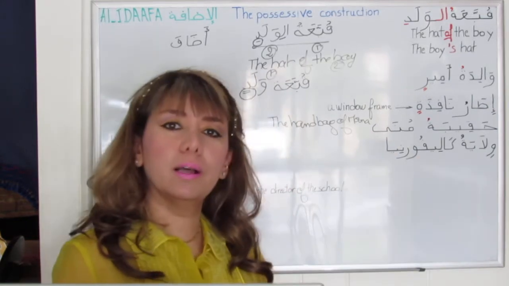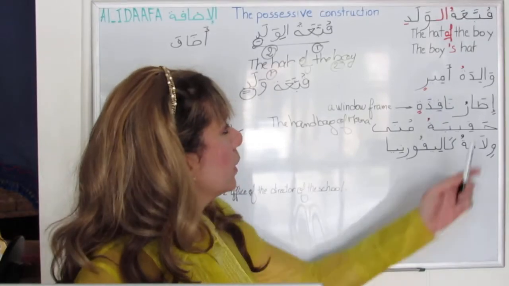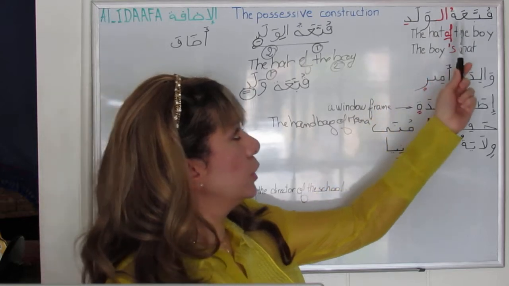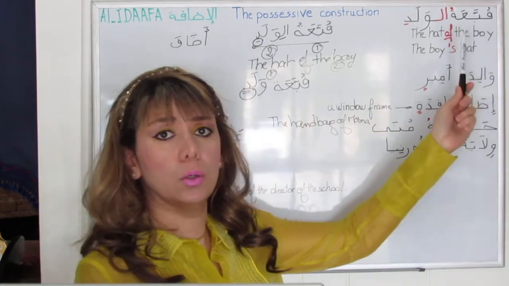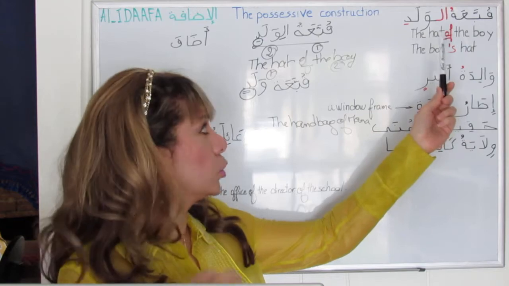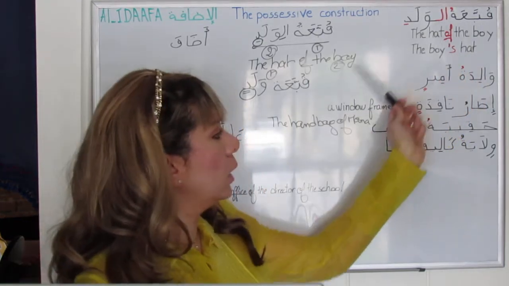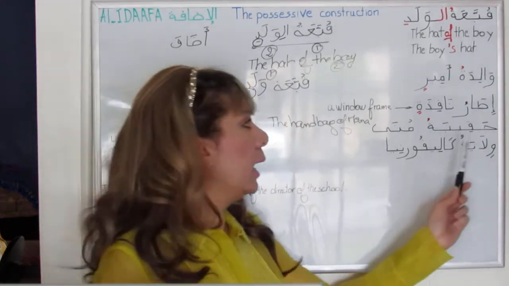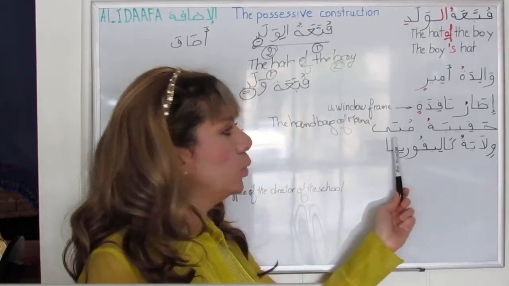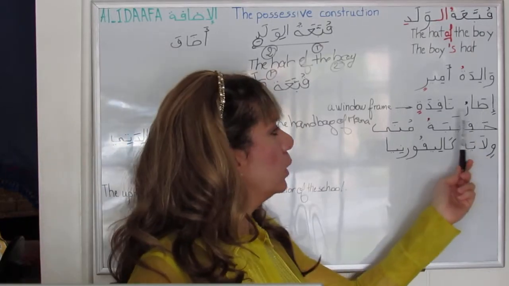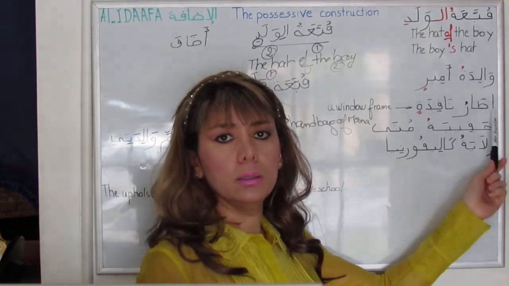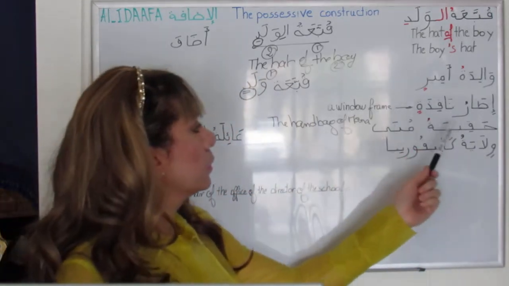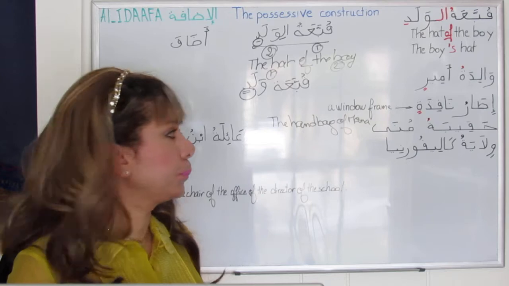So it may carry another short vowel. But here, for the possessive construction, we never use tanween, always a single short vowel. قبعة الولد. ولاية California. حقيبة منى. إطار نافذة. Here we have an indefinite إضافة, a window frame.